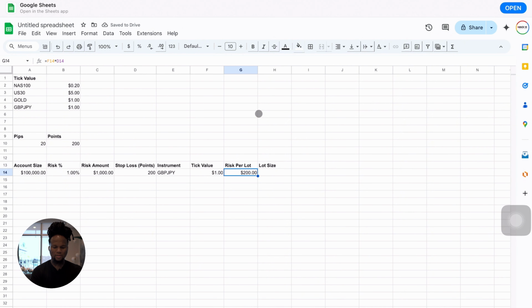So 200 points is going to be $200, which is the risk per lot, or the risk per stop loss area, right? So it's $200 for that 200 point area. The risk per lot is basically how much money I am risking per lot on this trade, so it has to be in line with this stop loss area.